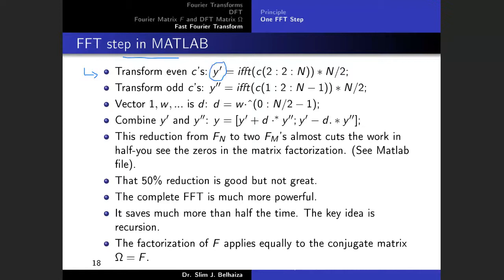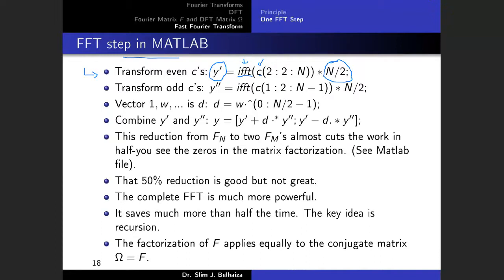We can call it y1, which takes the application of the inverse fast Fourier transform by MATLAB, on the even coefficients of C. You're moving from C to F. Here, instead of dividing by n, basically we are multiplying by n over 2 instead of multiplying by n, because here you're just taking half of C. Of course, we are assuming that n is even.